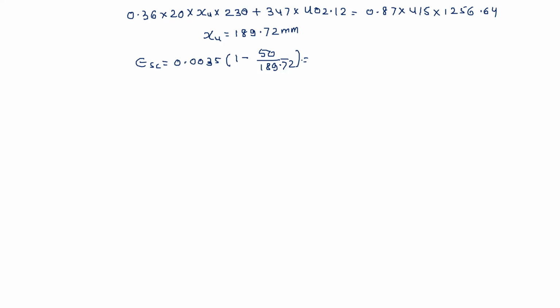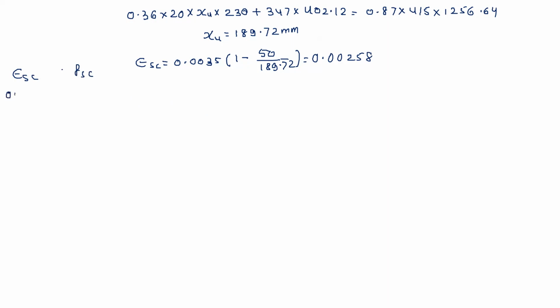So 50 divided by 189.72 into 0.0035. Yes, 0.00257, or we can write 258. That doesn't matter.